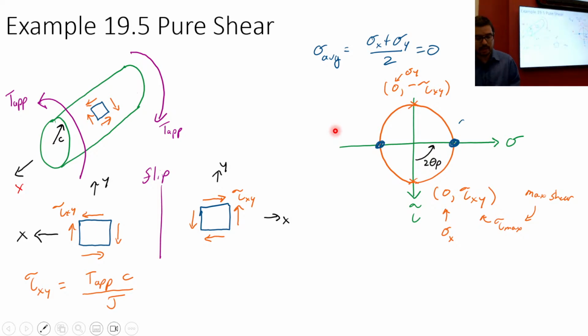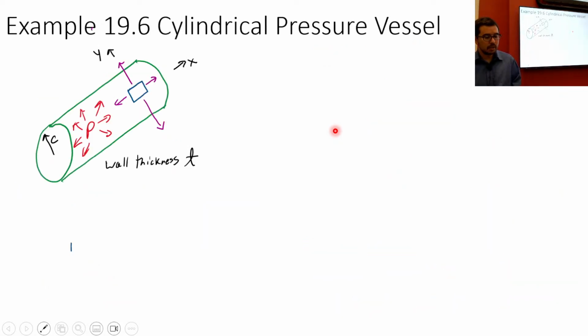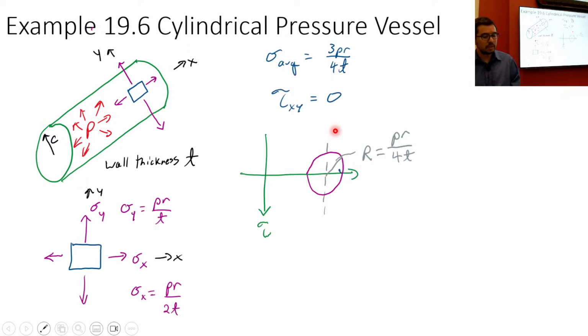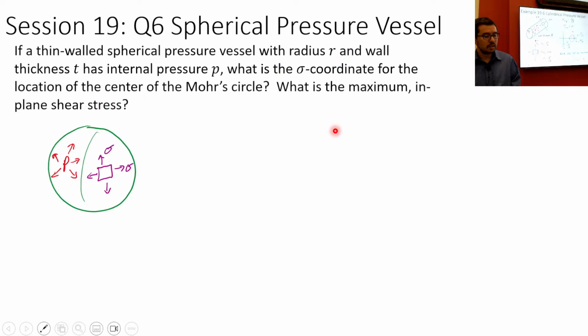I'll let you take care of that in a little bit. Okay? For the homework, you will have an opportunity to think about a spherical pressure vessel, and think about what the state of stress is on a spherical pressure vessel.